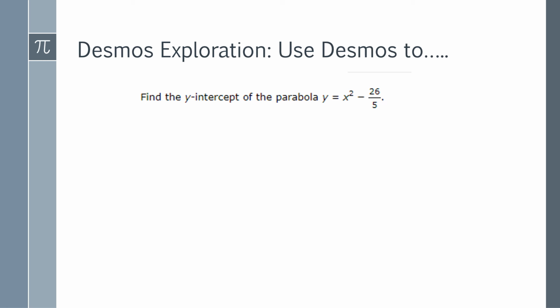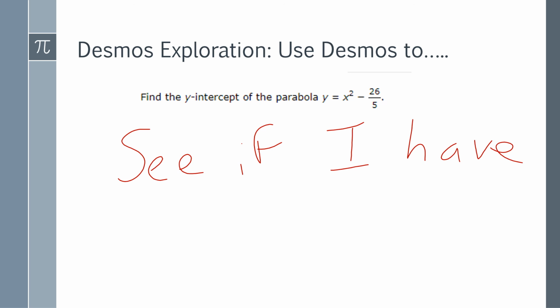All right. Now here, this is just going further with the decimal exploration. So for this problem, I'm actually asking you to do two things: to find the y-intercept of this, and to see if I have a real solution.